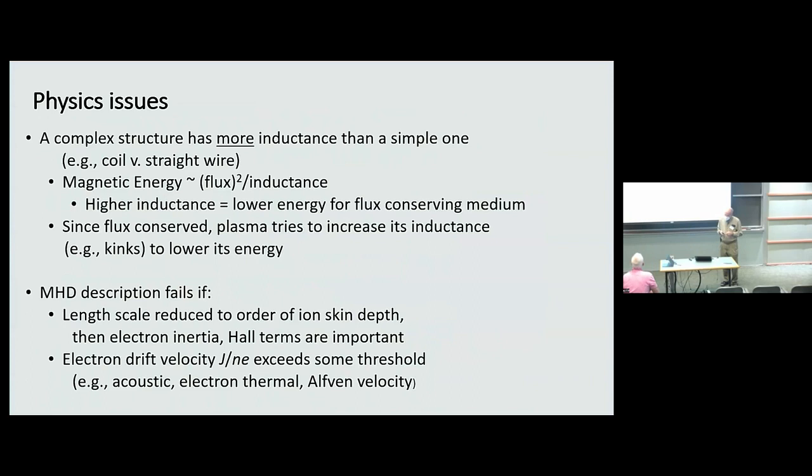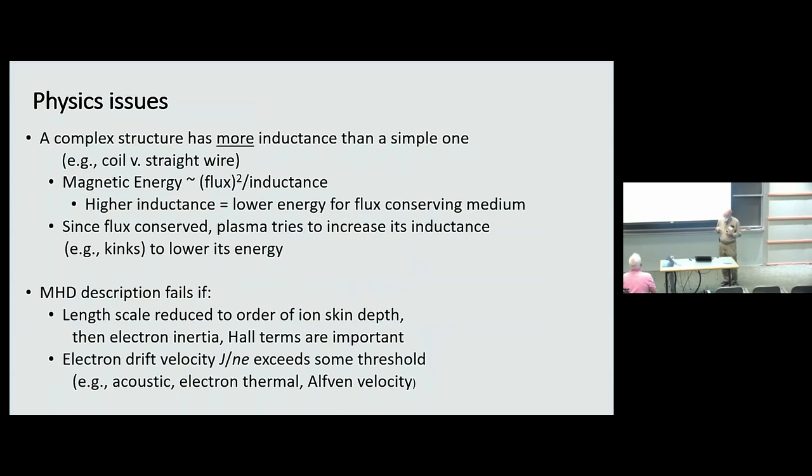A complex structure has more electrical inductance than a simple one. An inductor has energy 1/2 L i squared, and if you write this in terms of flux, you can show that this 1/2 L i squared is equivalent to the flux squared divided by the inductance.